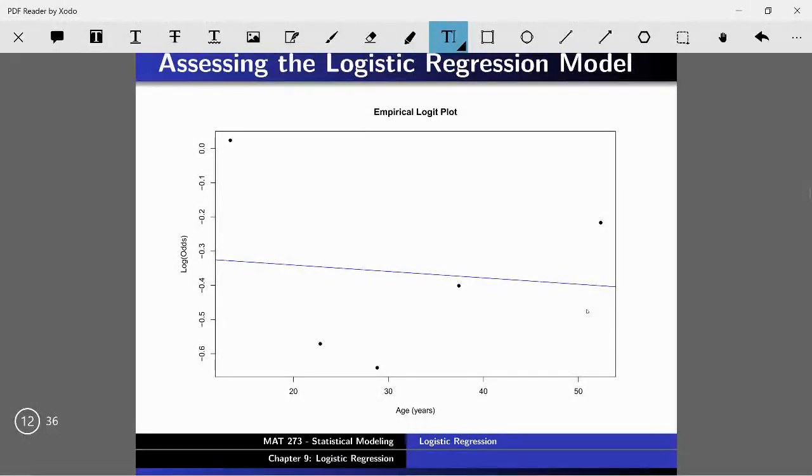So what can you do if this happens? Well, although you have to be careful not to arbitrarily make predictors that just fit your data well, you could make new variables that say, is someone less than 20 years old?